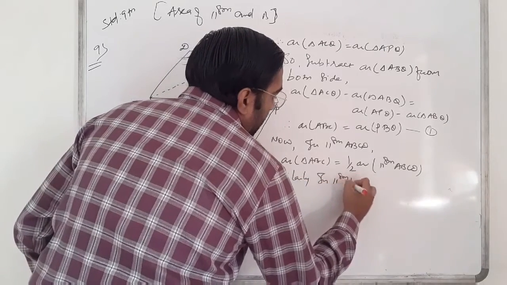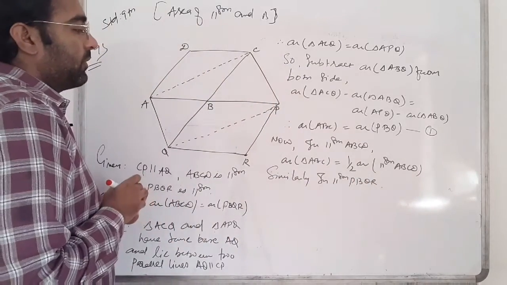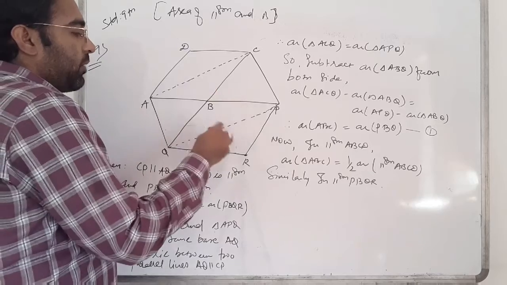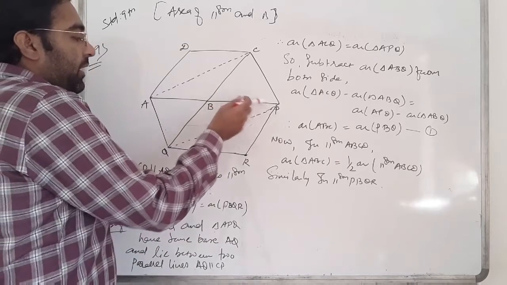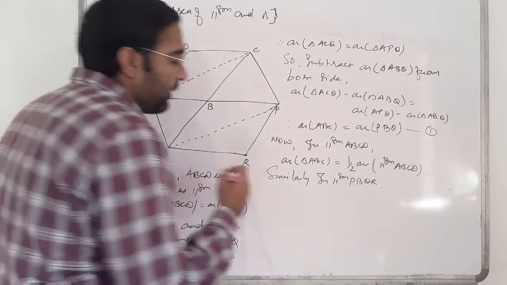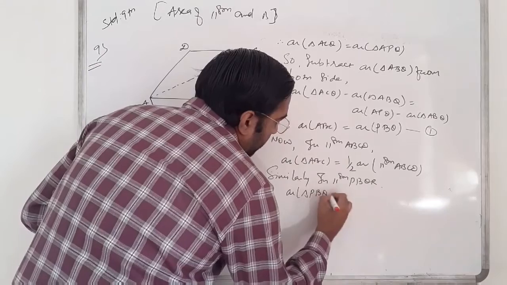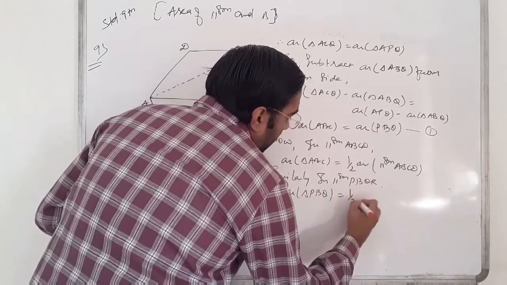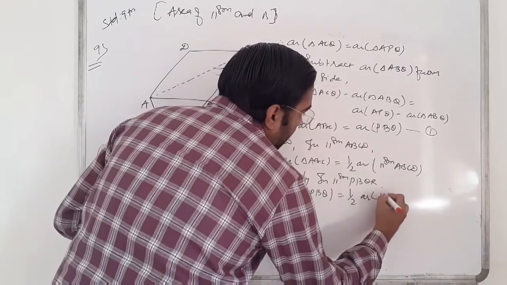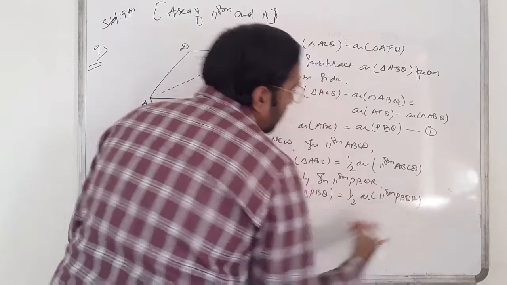In parallelogram PBQR, area of triangle PBQ is equal to half the area of parallelogram PBQR.